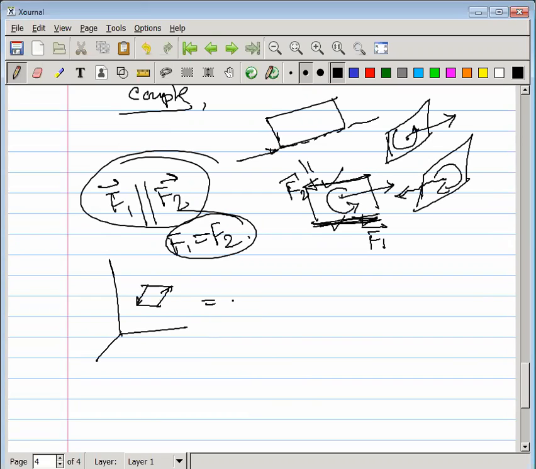You can draw a similar type of figure. This will create an anti-clockwise moment, meaning the direction of that moment is perpendicular in the upward direction.